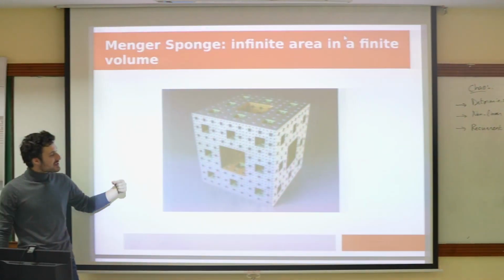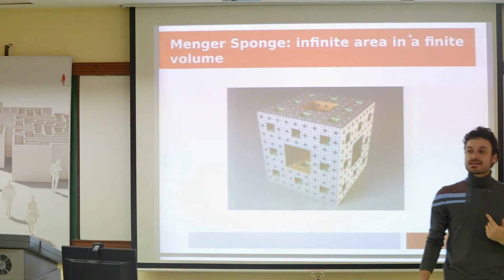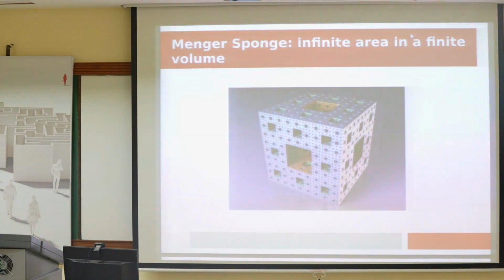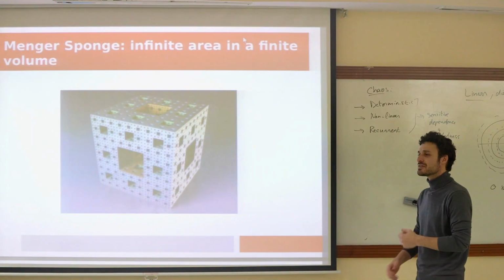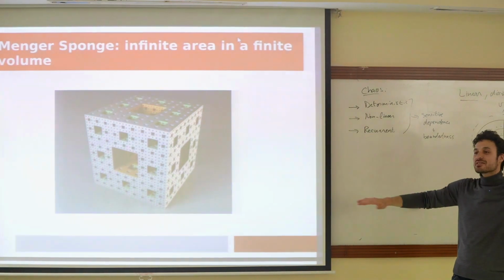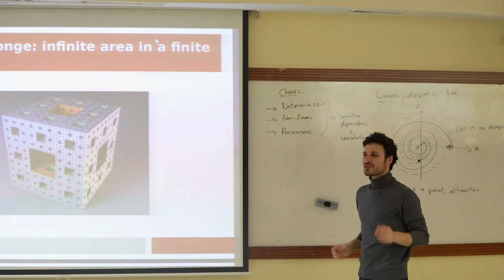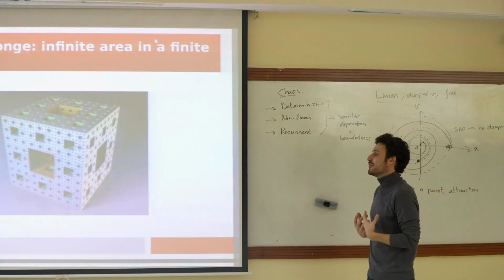Why is this a structure that's very interesting if you're a biologist, for instance, is that ultimately, that's kind of what your lungs are like, right? Obviously not infinite, but you've probably all heard in high school that if you were to splatter your lungs in a flat way, it would cover like the surface of a tennis court or something. I don't remember exactly, but your lungs obviously occupy a very small volume, right?